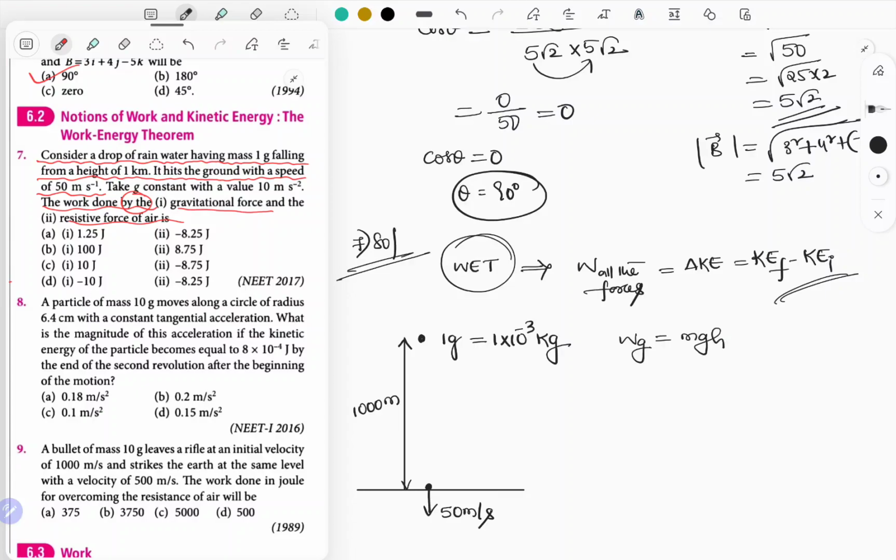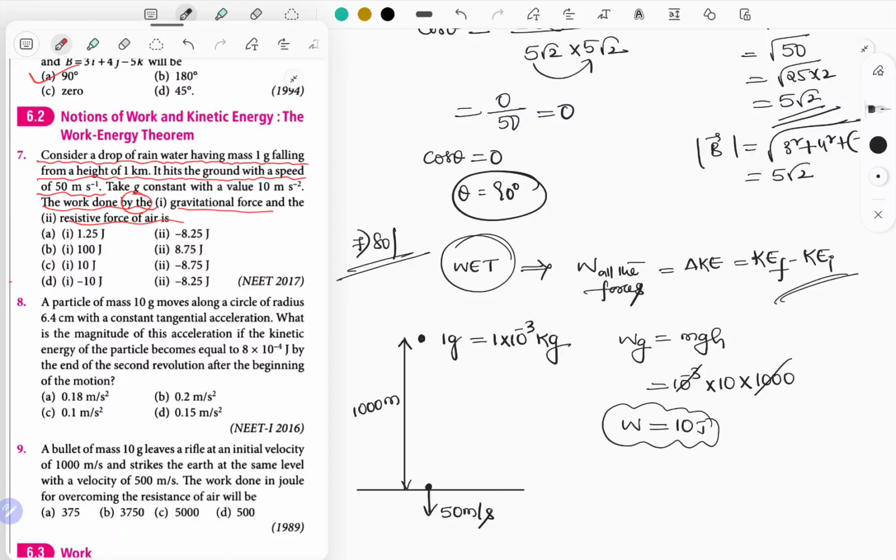Work done by gravitational force is nothing but the potential energy of that drop at a height of 1000 meter, which is equal to m, 10 power minus 3 kg, and g value 10. The height from which the particle is dropped is 1000 meters. So the 1000 and 10 power minus 3 get cancelled out. Then the work done by gravitational force is going to be 10 joules.